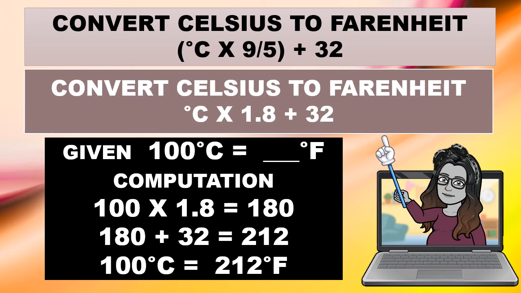Then 180 plus 32 equals 212. So, our answer is 100 degrees Celsius is equivalent to 212 degrees Fahrenheit.